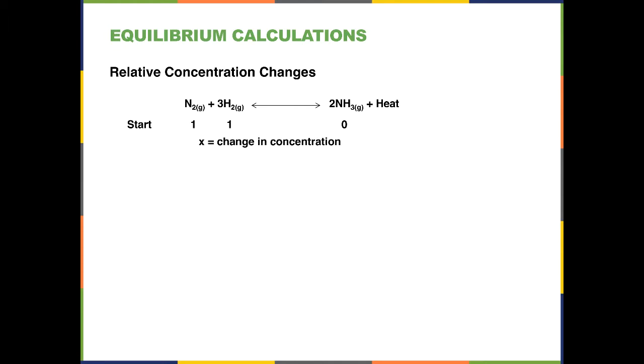Then you arbitrarily assign X, or some letter, as the change in concentration for each of these. If that is the change, then after the reaction reaches equilibrium, you'll have 1 minus X for the nitrogen, because 1 mole is used, 1 minus 3X for the hydrogen, and 2X for the amount of ammonia that is developed.